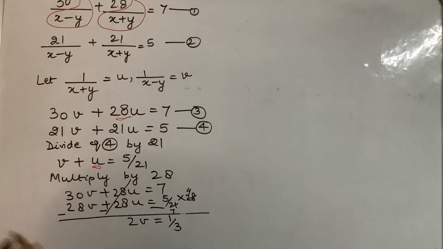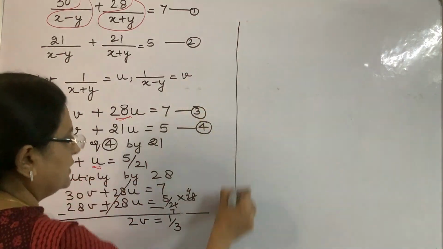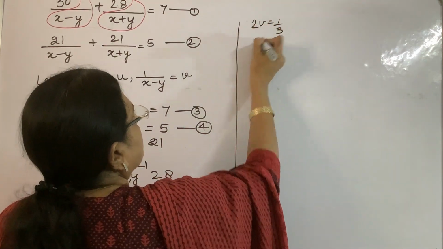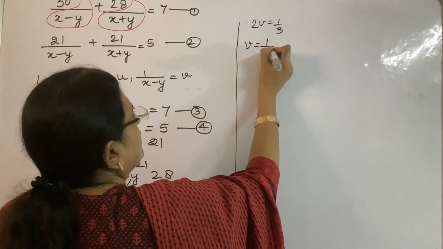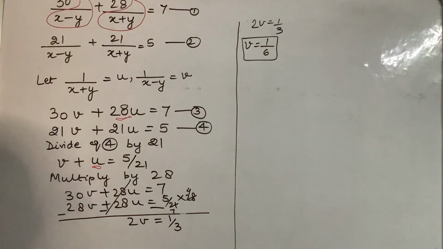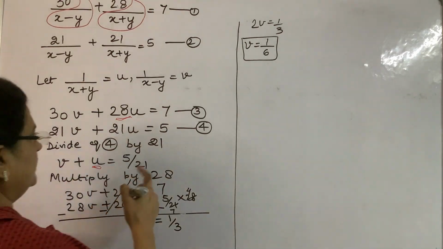So 7 minus 20 upon 7 will give you 1 upon 3. Agreed? So v becomes what? 2v is equal to 1 upon 3. So v becomes 1 upon 6. This is the first value we have got. Okay.